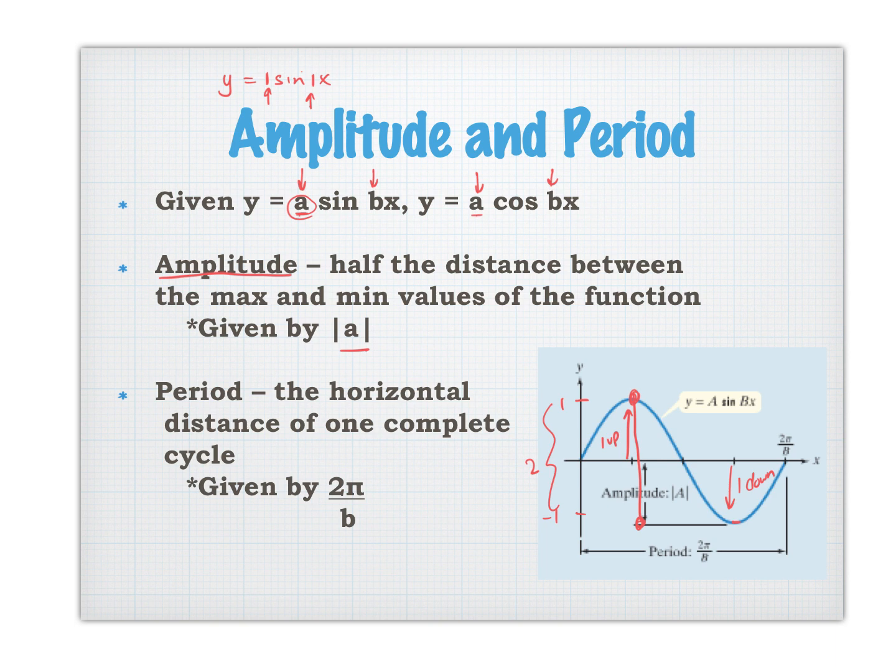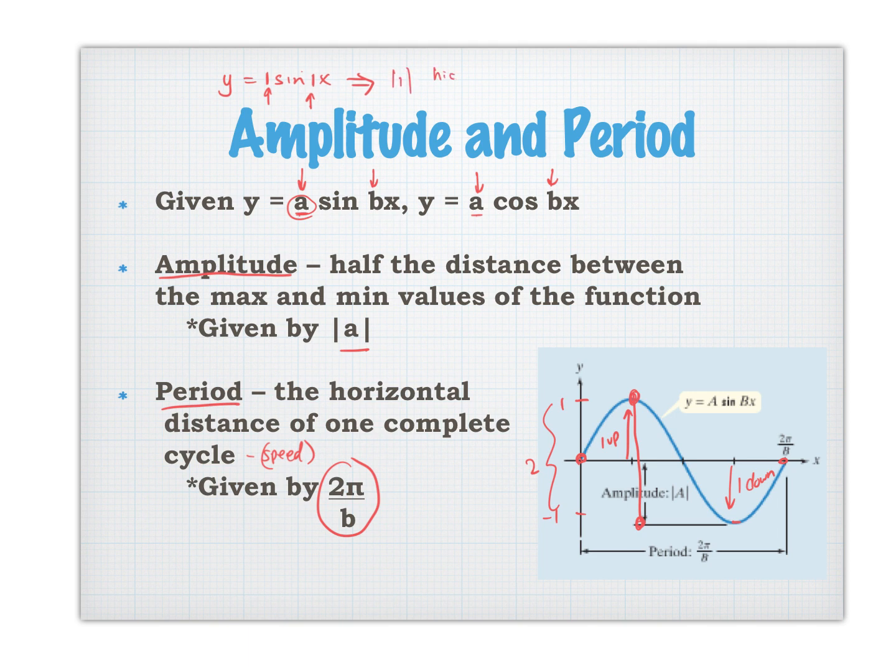The period is the horizontal distance of one complete cycle, and we sort of call it our speed. Basically it's how long it takes you to start and stop one full rotation. The formula for it is 2 pi over b. In the original problem that I showed you on the previous page, the amplitude was 1.